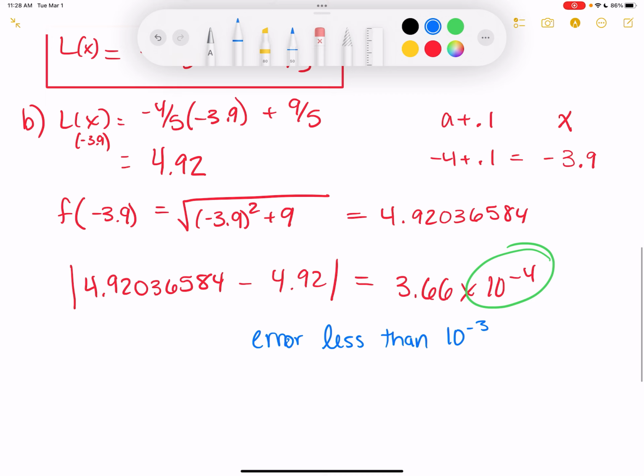Wait, our error is less than 10 to the negative 3. Yeah. Why wouldn't it be? Because we always drop it 1, because that's the difference in the error. So we always drop 1. Yes. So like if it was 10 to the 5th, it'd be 10 to the 4th. Right, but they're typically going to be negative numbers. It's going to be like negative 4, so you drop it to negative 3.